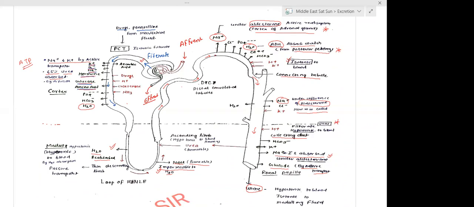The active reabsorption of sodium ion from the filtrate under the influence of aldosterone takes place. Underline the sentence. This is very important for your medical exam.